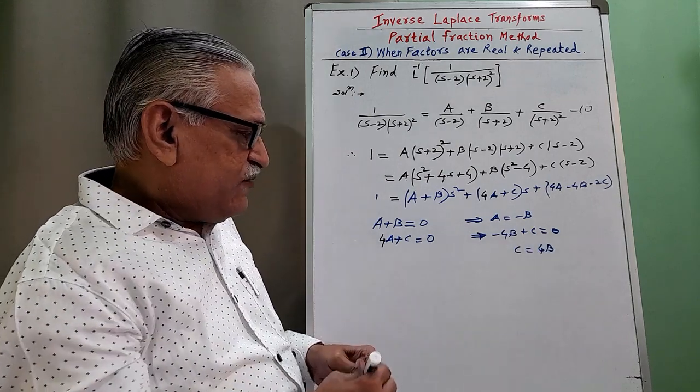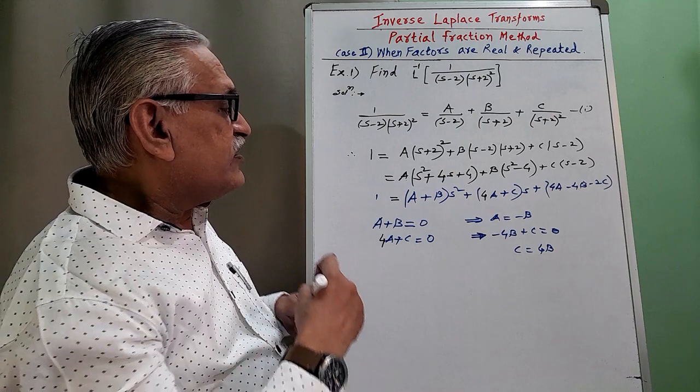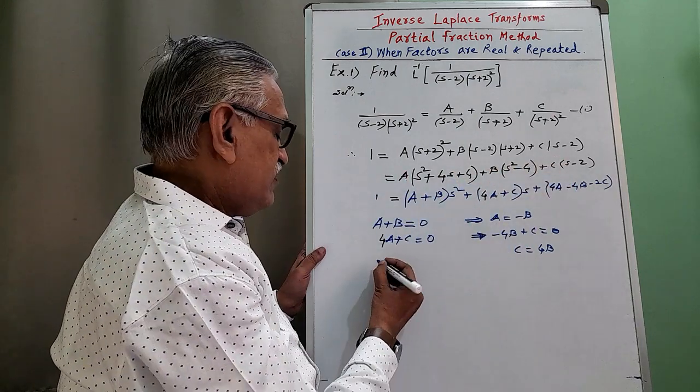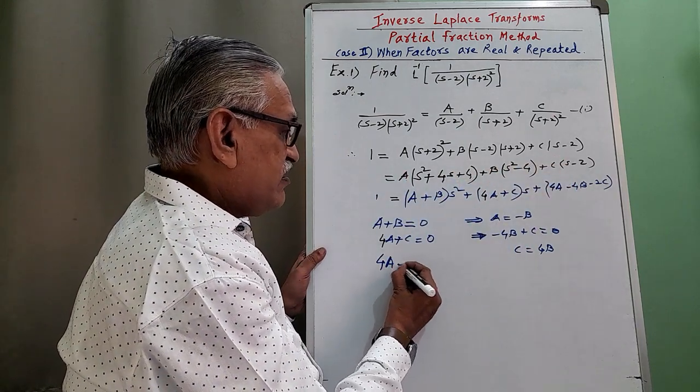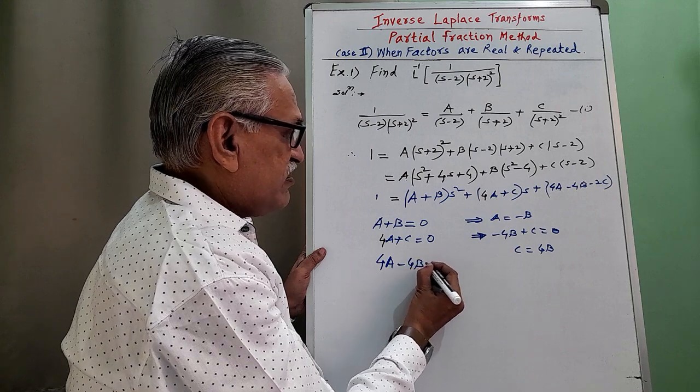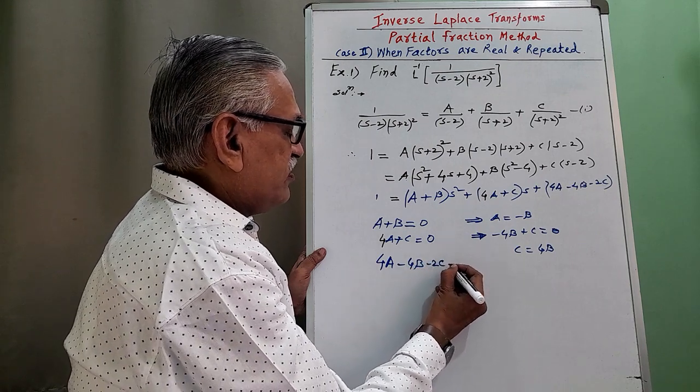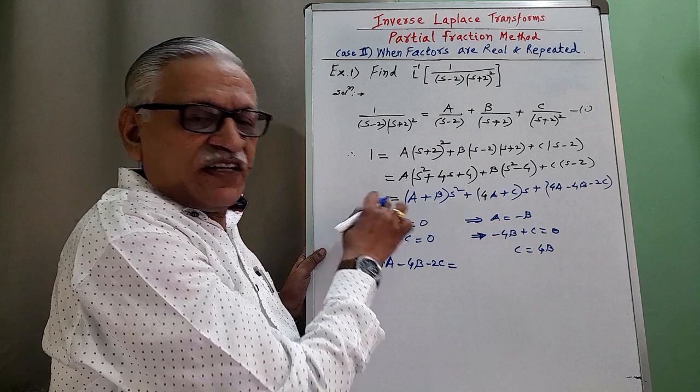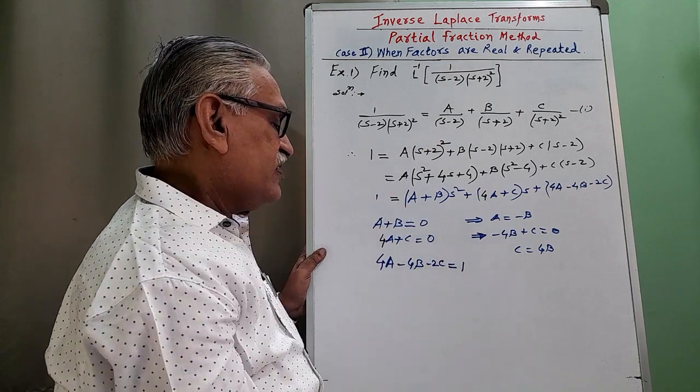Okay, and lastly the constant terms are 4A minus 4B minus 2C is equal to, the constant term on the left hand side is 1, therefore it is 1.